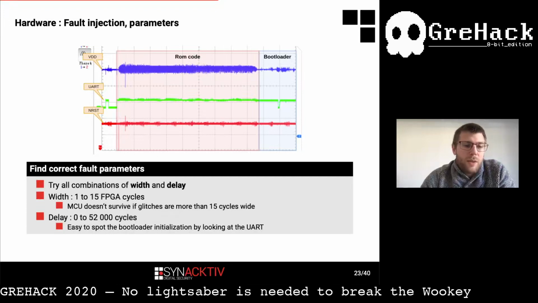And for the delay, you can see on the oscilloscope that it's easy to spot when the bootloader starts, because it initializes the serial port and you can see it on the line. So we targeted all the time from the reset to the bootloader initialization.